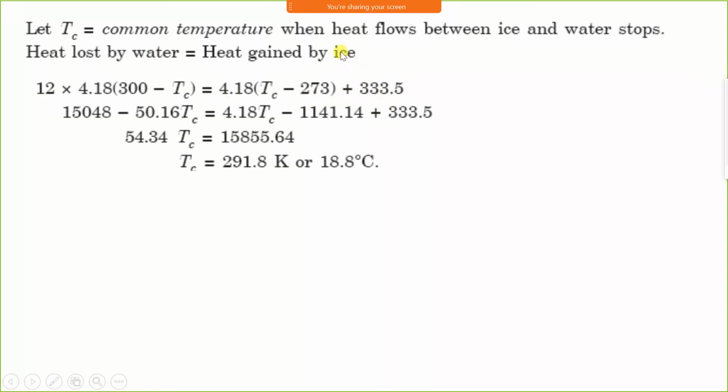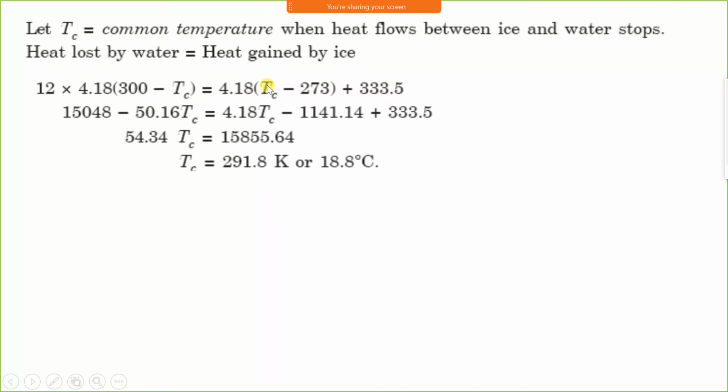First of all, ice will convert into water by adding latent heat. When the ice absorbs latent heat of 333.5 kilojoule per kg, it will convert into water. Then water will further increase its temperature, and the heat gained by water after converting ice into water is m Cp delta T. Mass of ice is 1, specific heat of water 4.18.